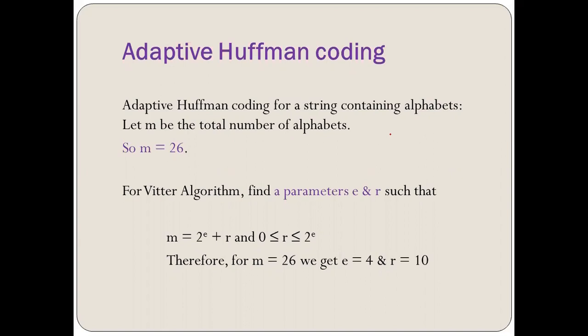So we are working on this right now. We have seen m is equal to 26. The total number of nodes or the root node number will be 51. So always when you start with the tree updation, the root node will always be 51.